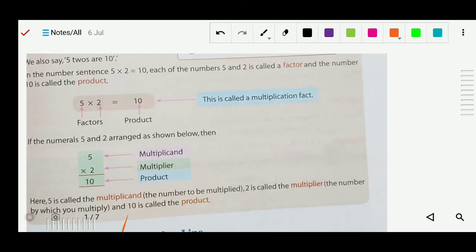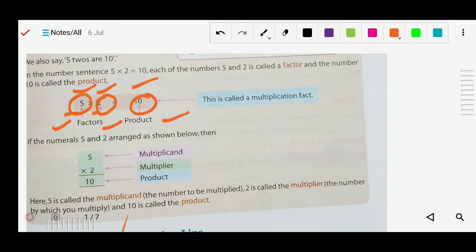Next, here you see, when we multiply any two numbers, here I'm multiplying 5 and 2. What is the answer? 10. So this 5 is called a factor, 2 is also called a factor, and this result is called the product. Sometimes these two are called multiplicands also.